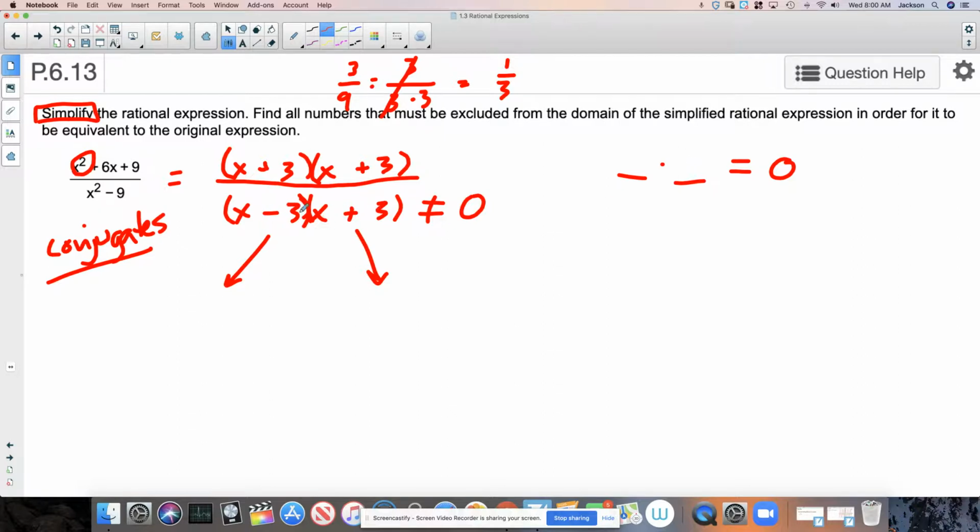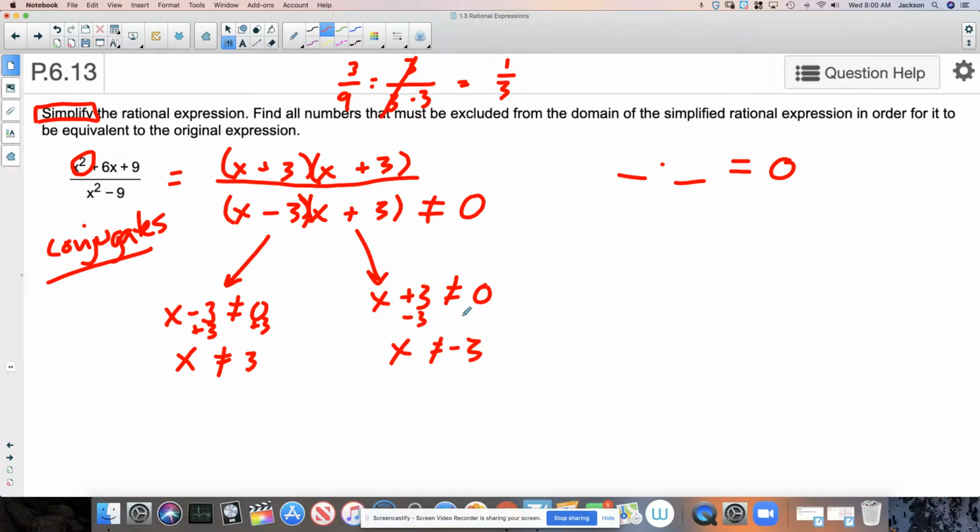Down here, when we relate this to what we're looking at, if we don't want this to equal 0, then this product can't include a 0 in any way. So I don't want this to equal 0, and I don't want this to equal 0, right? So I set up two separate equations, really, and I say, all right, x, when I add 3 here, and I add 3 here, I don't want x to be 3, and I don't want x to be -3, right?